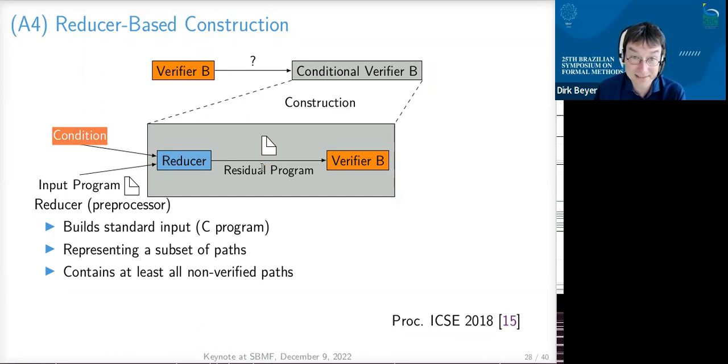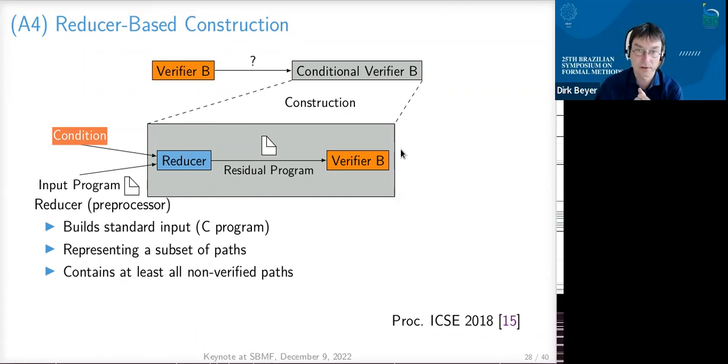And then we dump this as a C program. So we don't have a new type of exchange object. And we can give this C program to verifier B and let verifier B run just as usual, right? Because the program does not have the verification work that B is not supposed to do. So it builds on standard input, and this is a way to reuse verifiers.